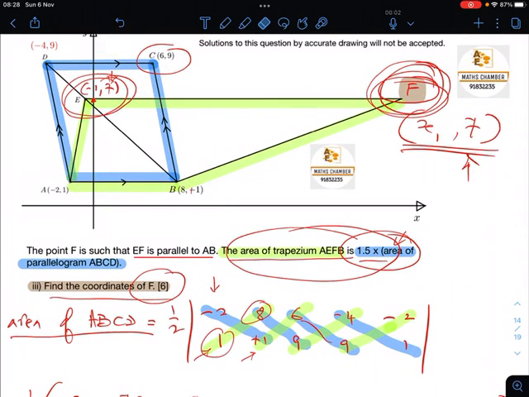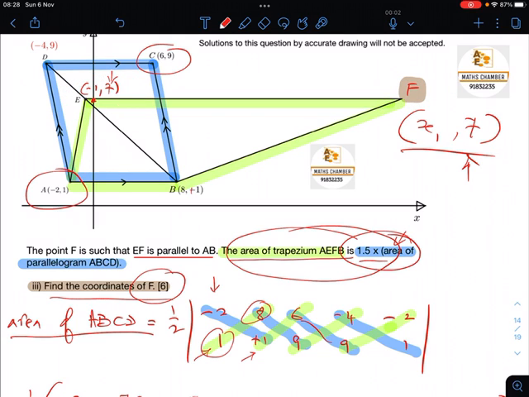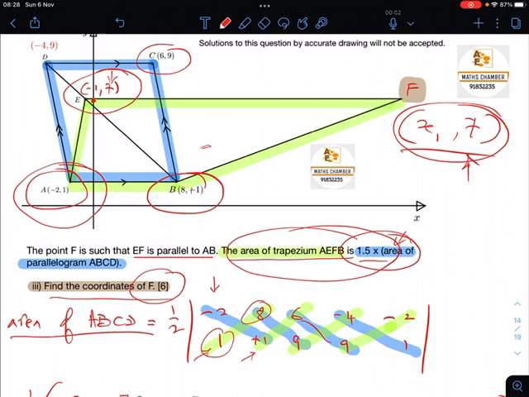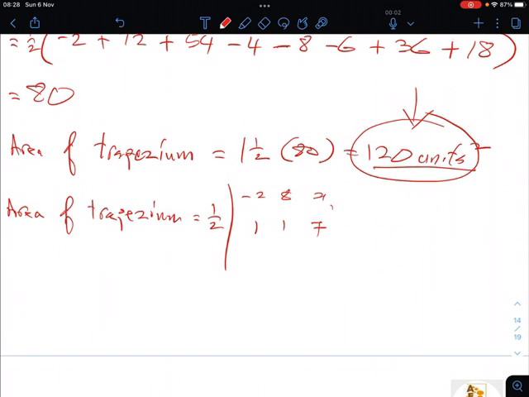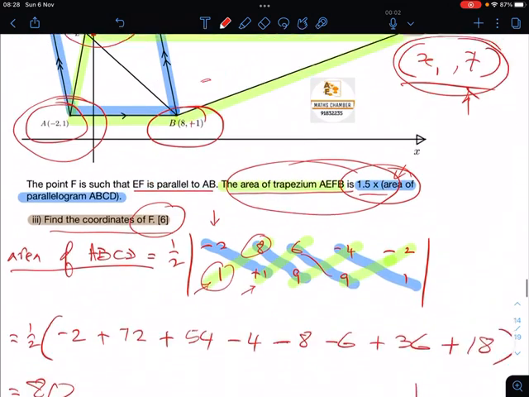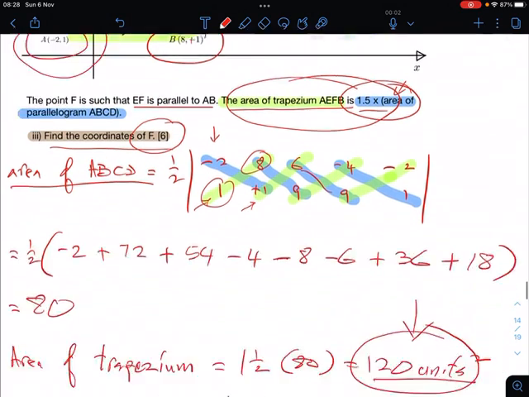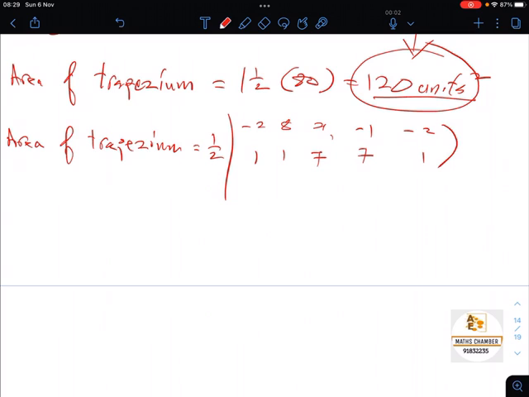Anti-clockwise direction means if I take A, negative 2, 1, I have to take 8, positive 1. F is x1, 7, and of course negative 1, 7, and after that I continue with negative 2, 1, right? So I go anti-clockwise. Negative 1, 7 is your point E, right? Don't use brackets, you have to use a straight line, right?